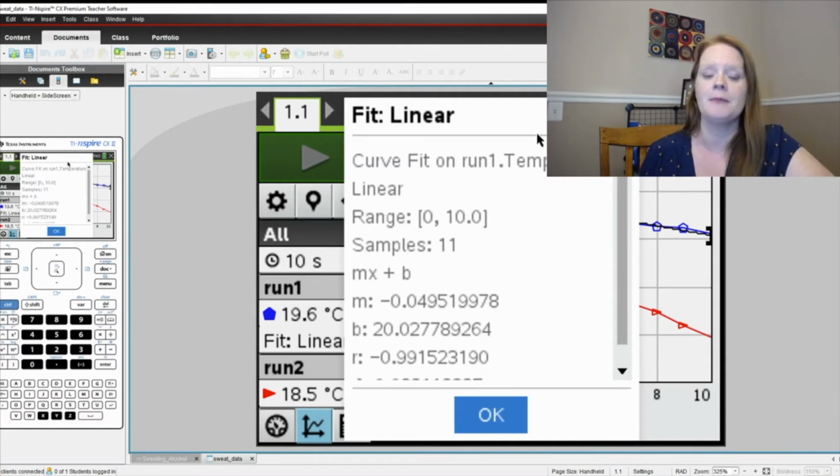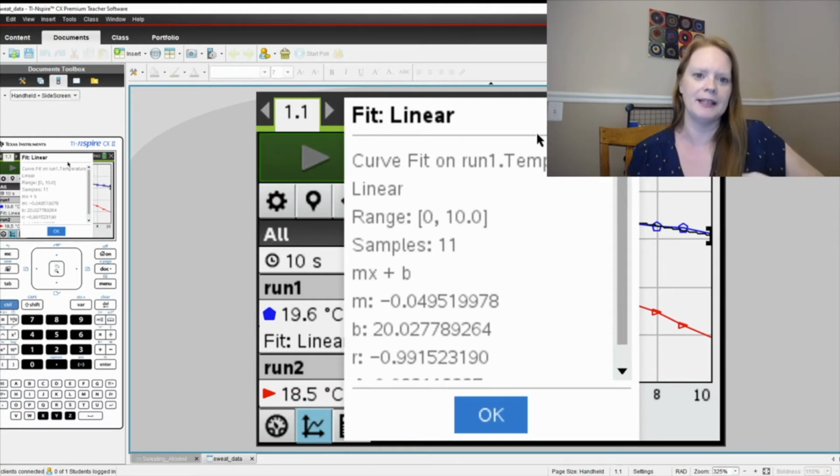So m being the slope or the rate of change. So for this example, for the water, our rate of change was negative 0.049. So we could round that to negative 0.05. So what does that mean?